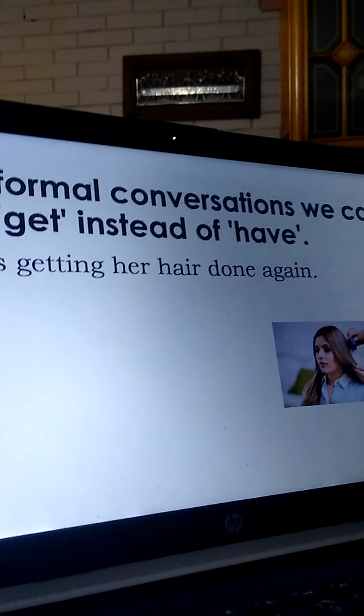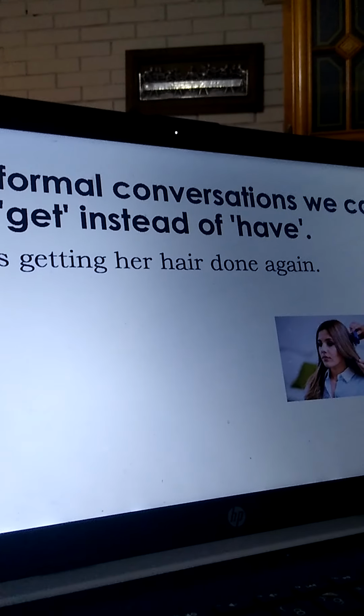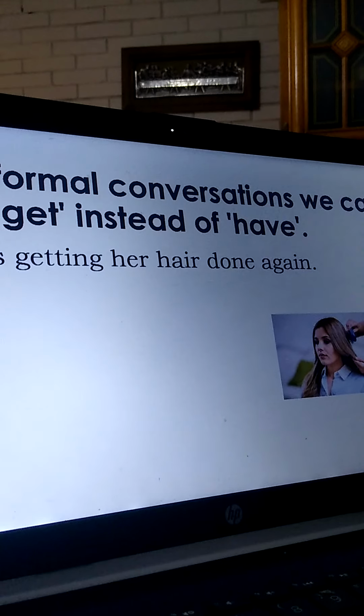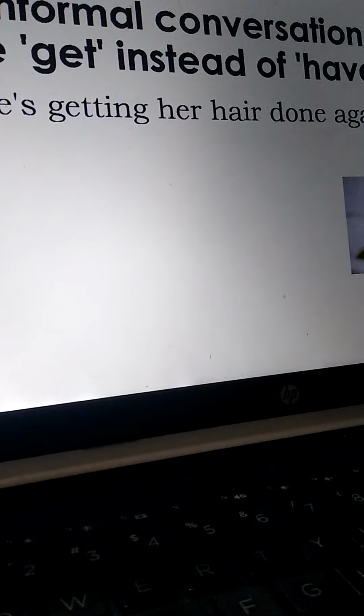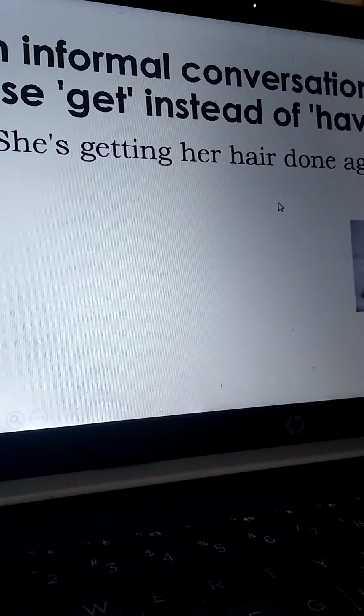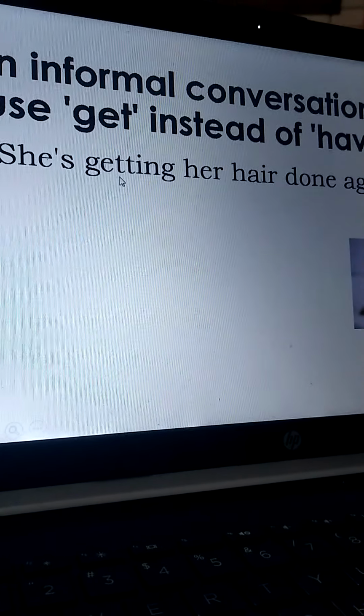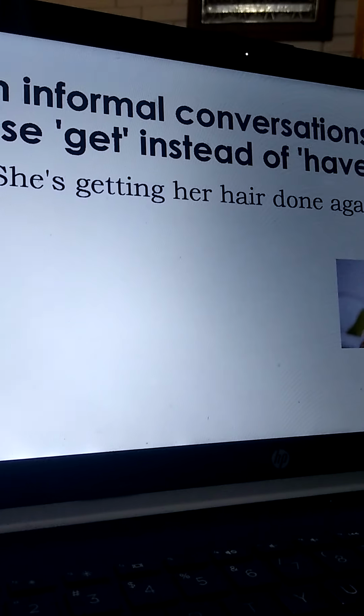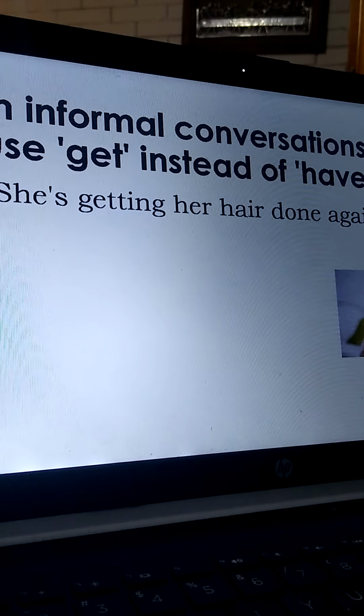That means informal conversations. So if you want to have an informal conversation, you use get instead of have. And this is a very popular expression, getting the hair done. Why? Because they use slang, they use different ways to express, just as we do in Spanish.